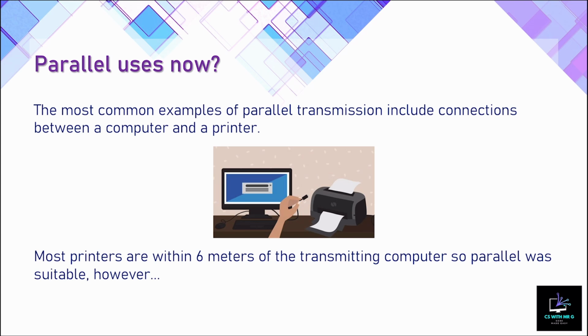So as I mentioned, printers is typically the common use of a parallel cable, but nowadays printers tend to be wireless or even use USB. Now USB is serial, which we'll come to in a minute, which leaves parallel only being used in one particular place, and that is the CPU.